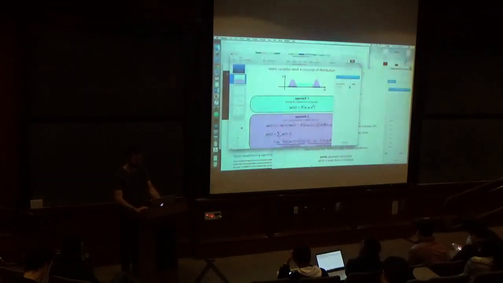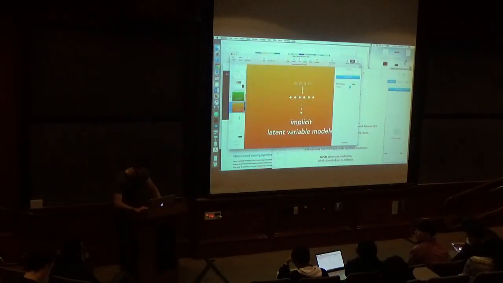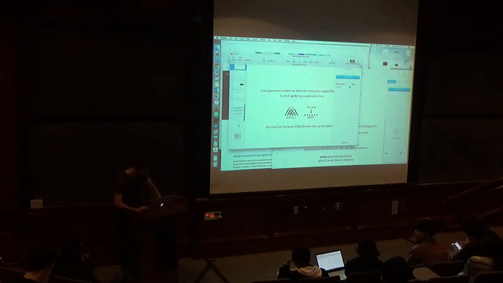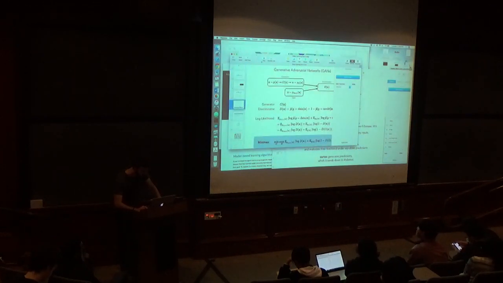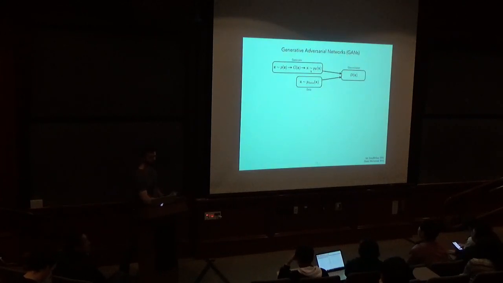Whereas in the case of these implicit latent variable models, the generator here is not outputting a distribution over x, it's outputting a sample of x.